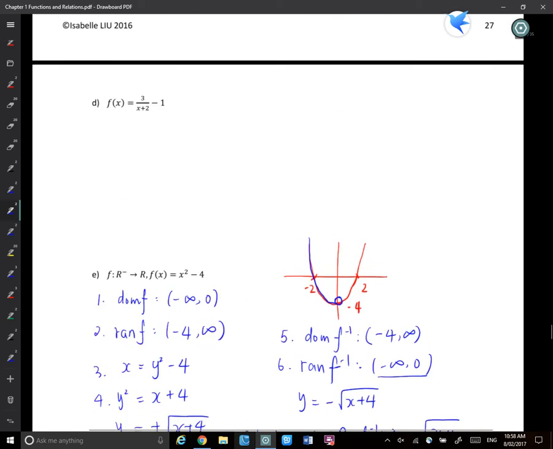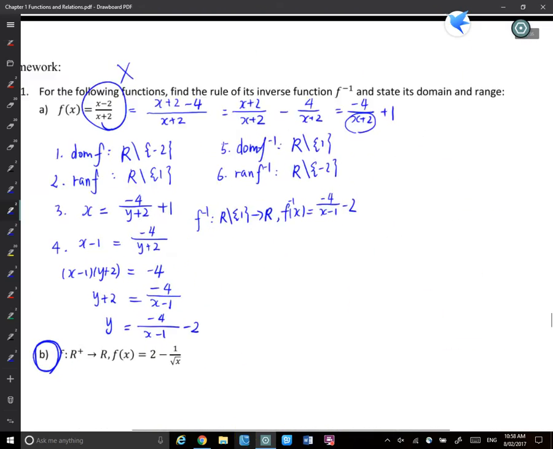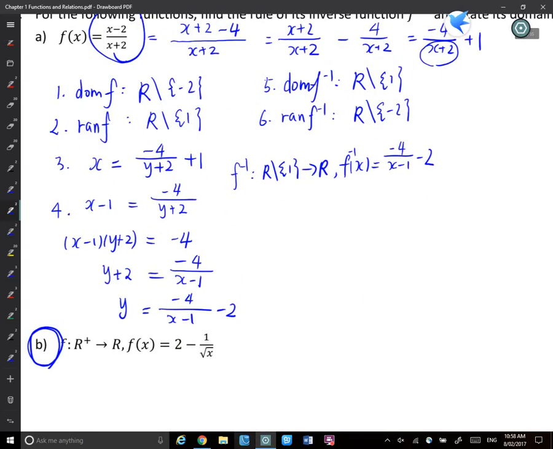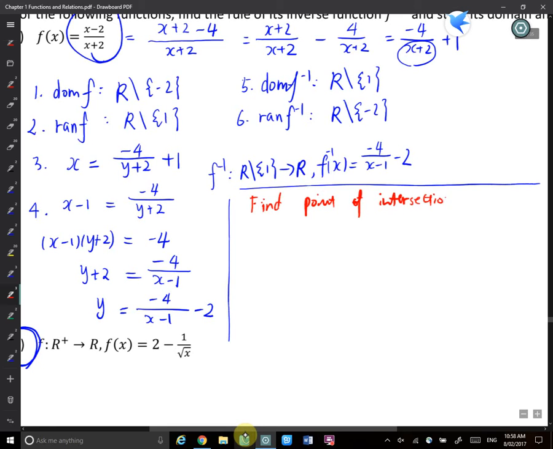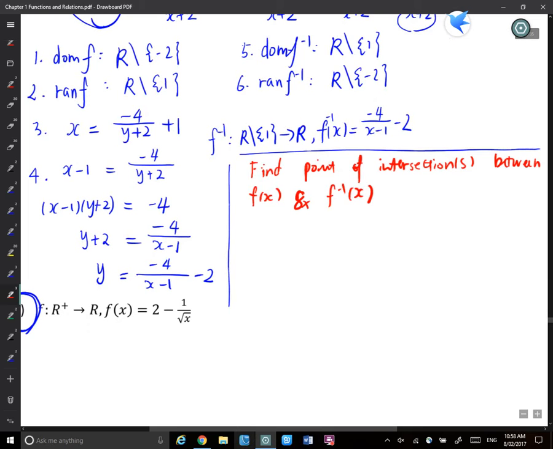Maybe one thing. Let's go back to question 1, what we have done in question 1. I want to show you one thing. I want to find the point of intersection or intersections between f(x) and f inverse (x).